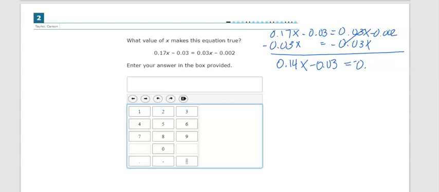It is a negative because it shows minus there. So negative 0.002. All right, so then you're going to add, because that's the opposite of the minus there.